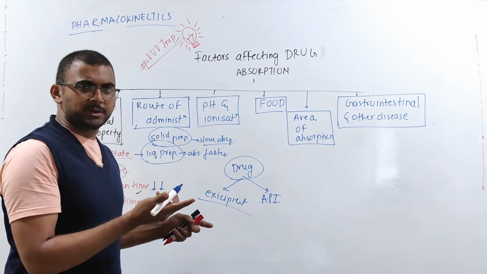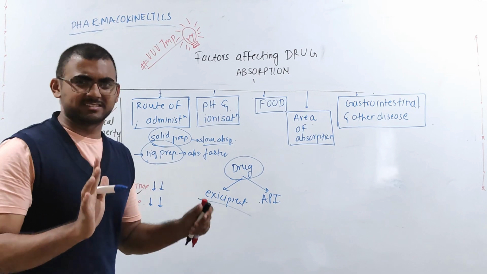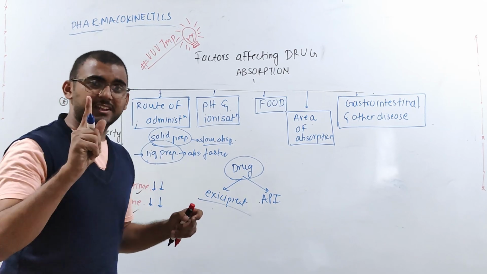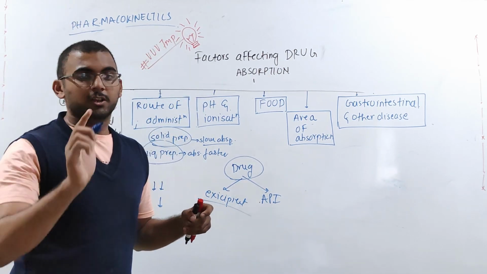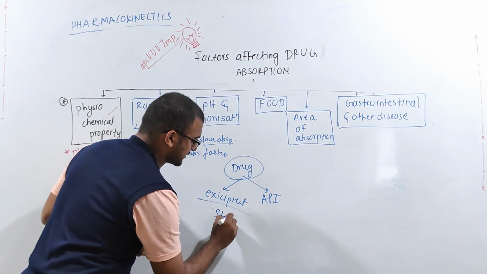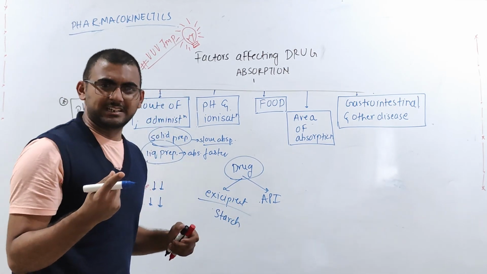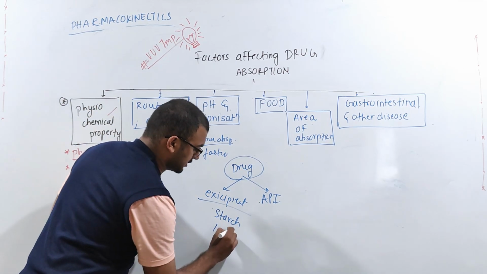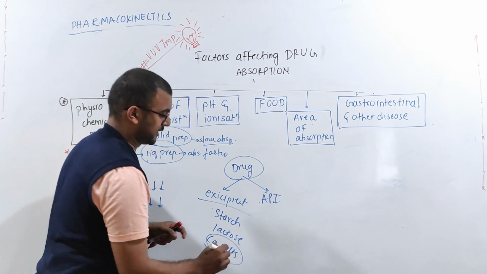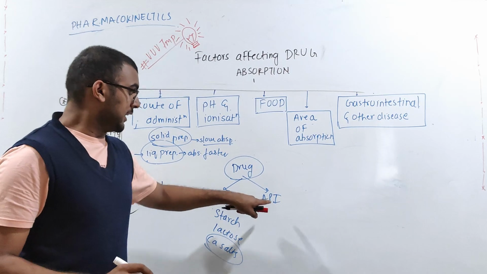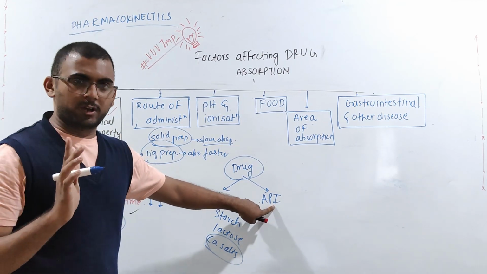Now, what is the excipient actually? These are inert substances, okay? But they can affect the absorption. Now, for example, the inert substances you use are binding agents like starch, lactose, and calcium salts, right? One example I'll give you, many examples are there.